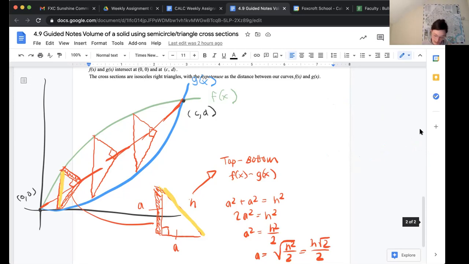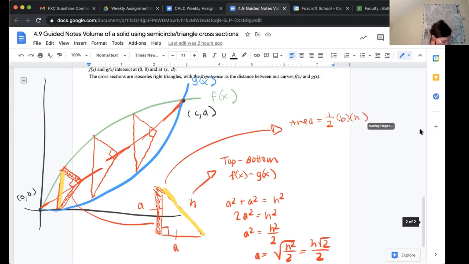Okay, so we know what the length of A is in terms of H, which is something that we also know because we know that H is top minus bottom. So if we were trying to find the area of this triangle, we know area is equal to 1/2 base times height.